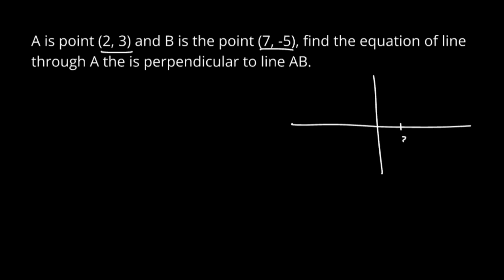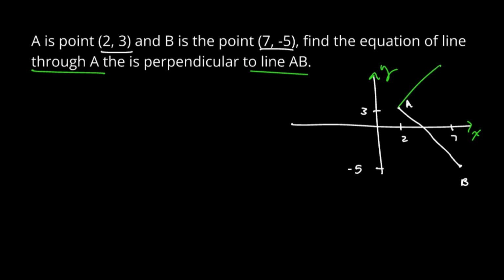So you have a point (2, 3), that is A, and you have another point (7, -5), and this point is B. And here you have the line AB. Now there is a line through A that is perpendicular to AB.